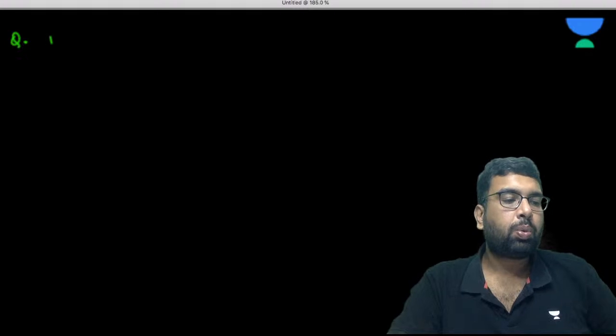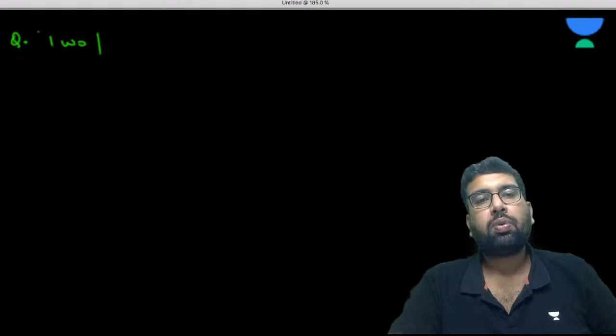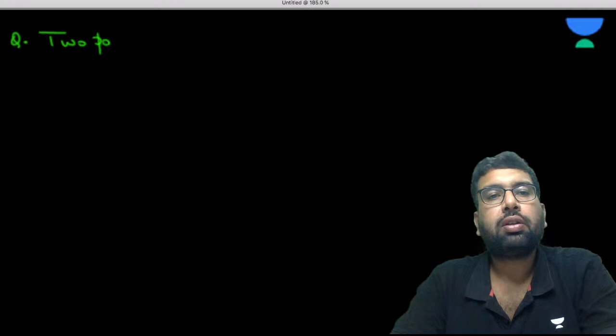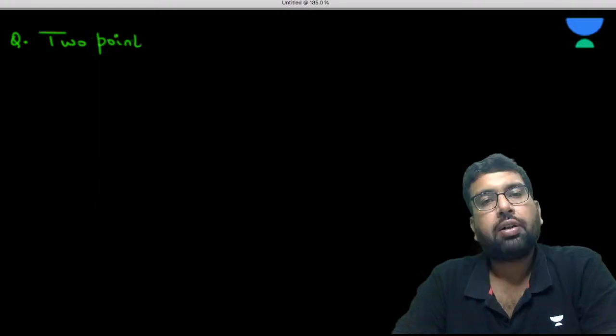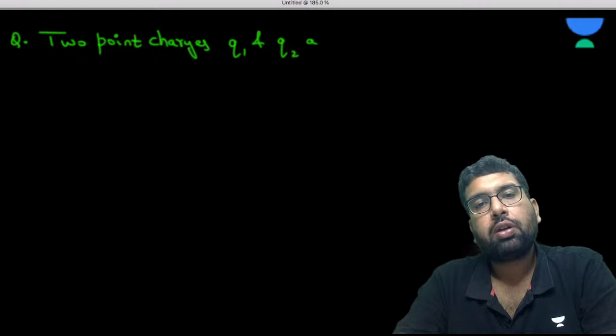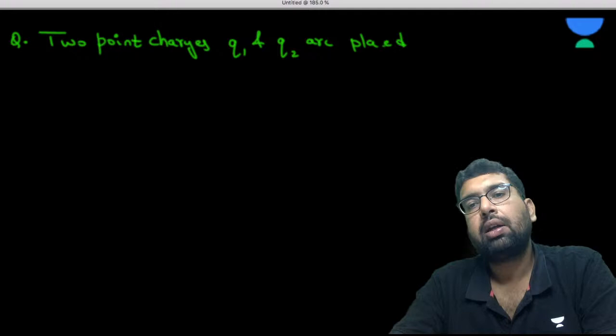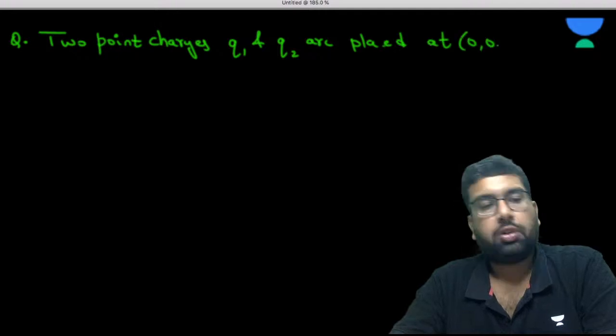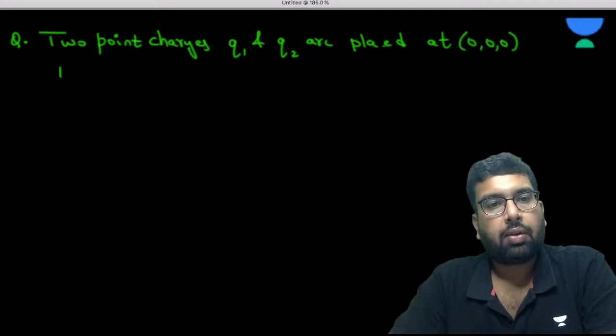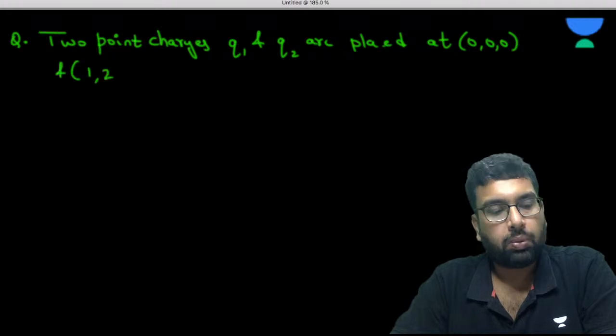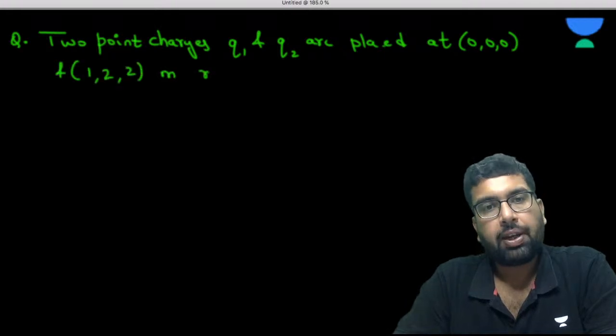Now let's move to one more question of the same context. So we have 2 point charges, Q1 and Q2, placed at 0, 0, 0 and 1, 2, 2 meter respectively.